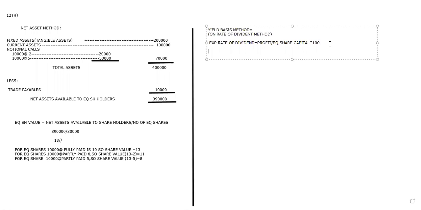Then, divided by normal rate into paid up value of share.